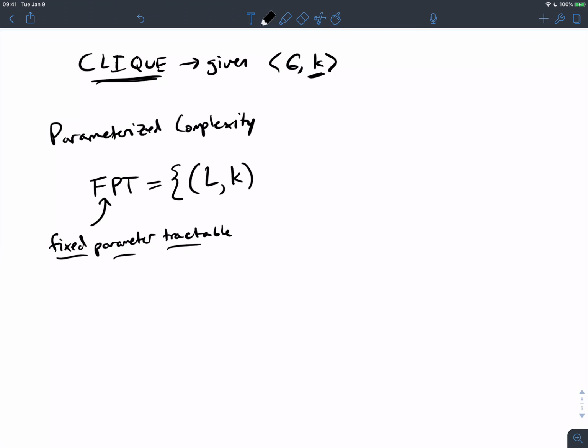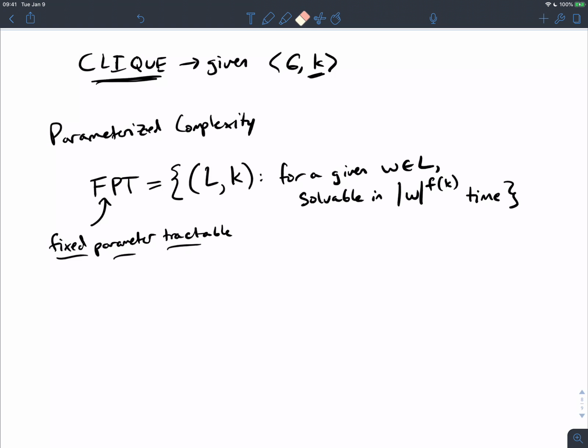So it's the language with k. Here, for a given w in L, solvable in the size of the input to the power f of k time.